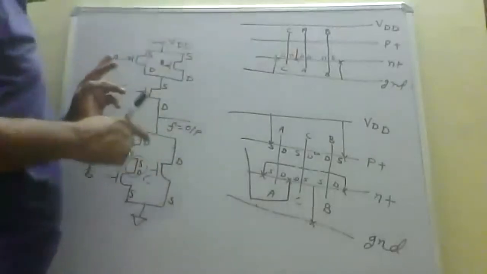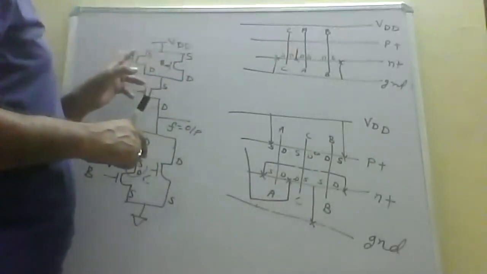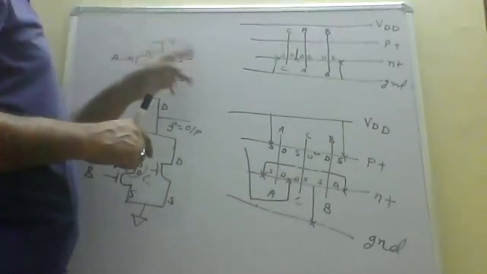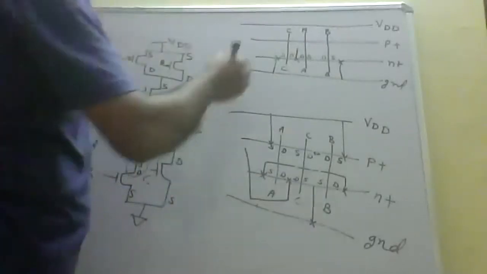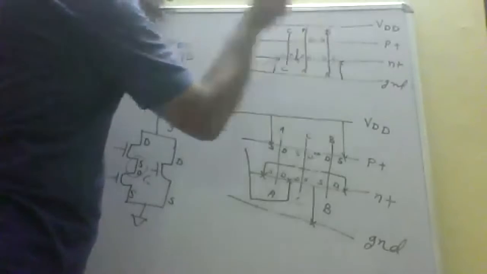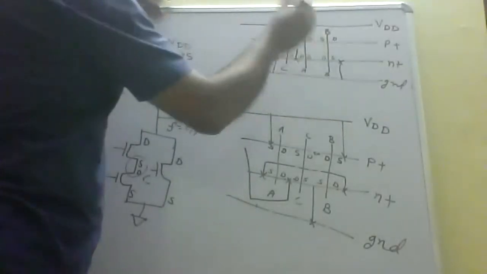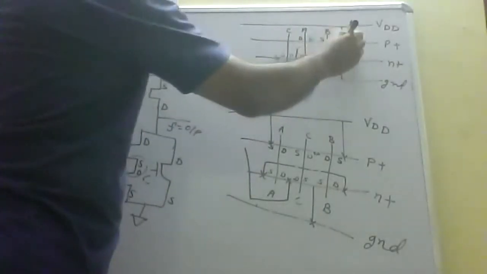Here there will be no problem. How it will be, that we see. A and B sources are connected together, and drains are having a connection over here.